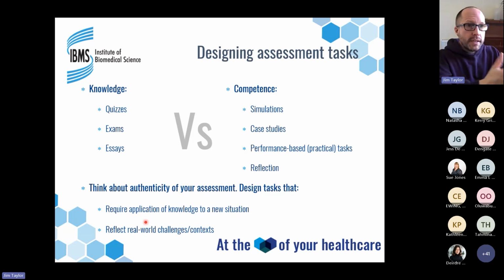Okay, you can QC that machine over there, but can you apply any of those QC skills from that instrument to this instrument over here? So authentic assessment is a really big thing at the minute. Students are starting to come out of university with much more exposure to authentic assessment methods than they may have done when some of us were at university. So there is a bit of a shift going on at the moment there.